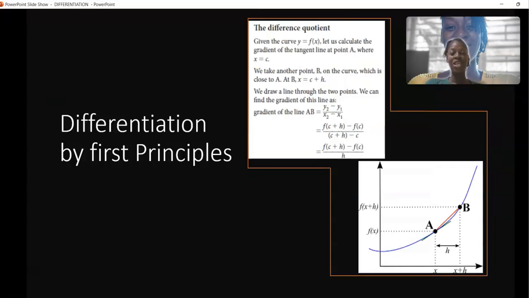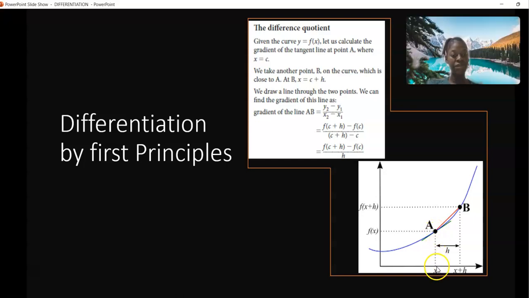Given the curve y equals f of x, we can calculate the gradient of the tangent line at the point A, where x is c, or you can just use x. So let's say this is our point A. Here's the x value. The point B is very close to it.